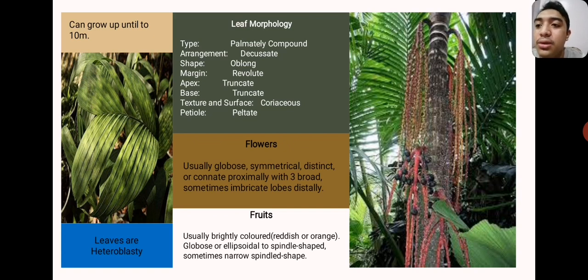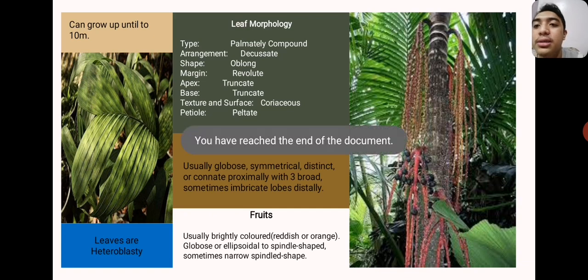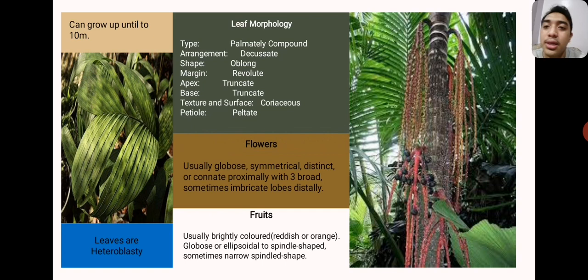Flower usually globose, symmetrical, distinct, or connate proximally with three broad, sometimes imbricate lobes distally. Fruits usually brightly colored reddish or orange, globose or ellipsoidal to spindle shape, sometimes narrow spindle shape. Leaves are heteroblast. And that's all.